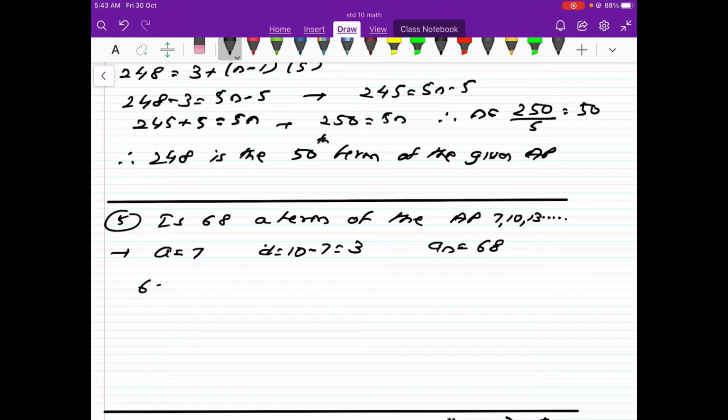So putting the formula an is equal to a plus n minus 1 into d, 68 is equal to 7 plus n minus 1 into 3.